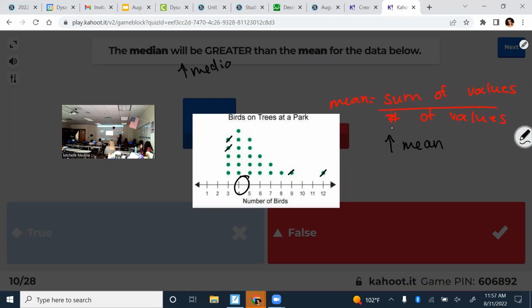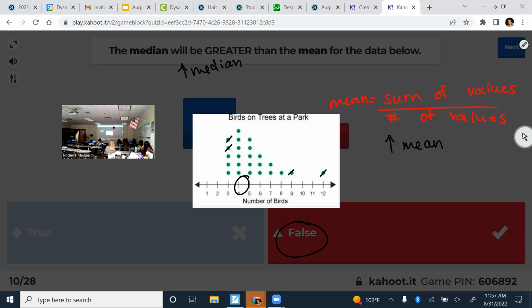So saying that the median will be greater is false. So that's how you can do it just from an estimate. You can always, for sure, since it's a dot plot, do the calculation or use technology to find it for sure. But on this one, since it's skewed, we can also look at the distribution.